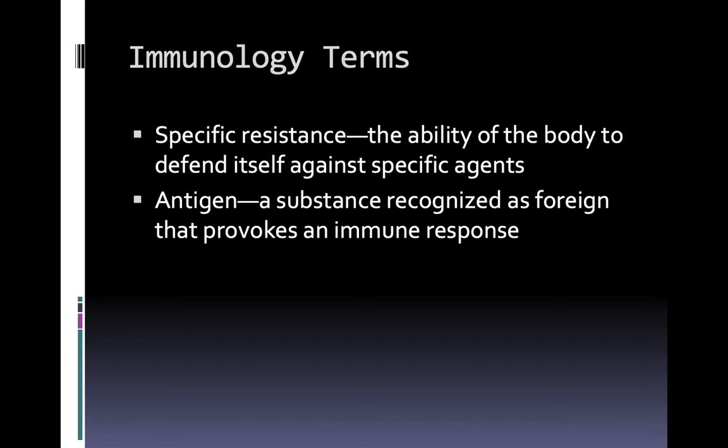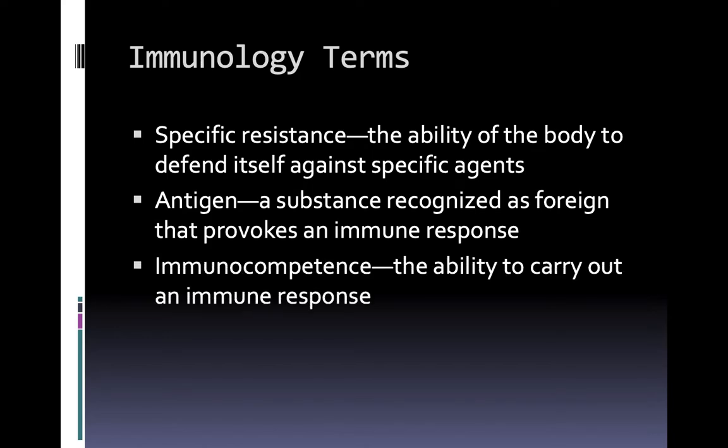We already know what an antigen is, a substance recognized as foreign that will provoke an immune response. So antigens will help us learn how to eliminate the invader. And then immunocompetence is the ability to carry out the immune response. So once the human body recognizes the invader, immunocompetence would be the ability to successfully rid the body of that invader.